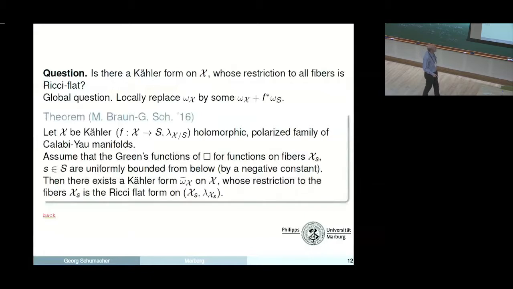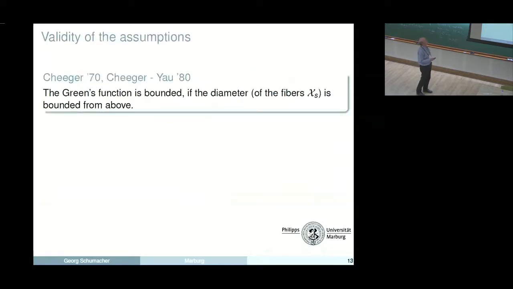And so the question is how to verify this kind of unpleasant assumption. And certainly in the compact case, it's clear. So classical theorems tell us that the Green's function is bounded by a constant depending on the diameter of the fibers.